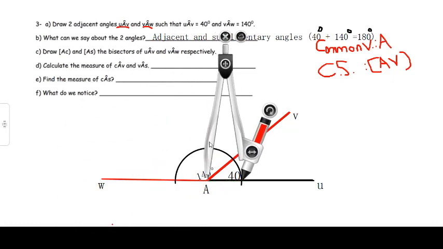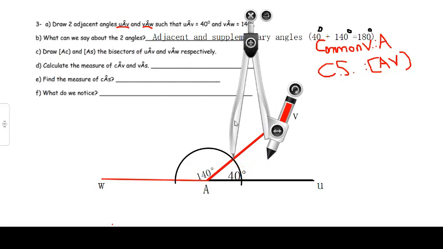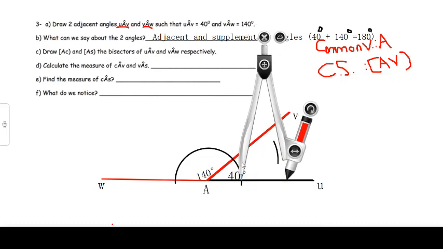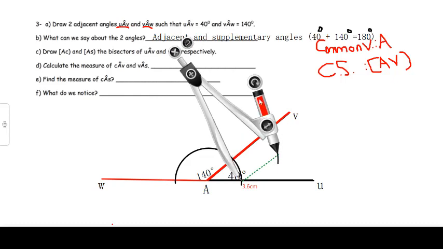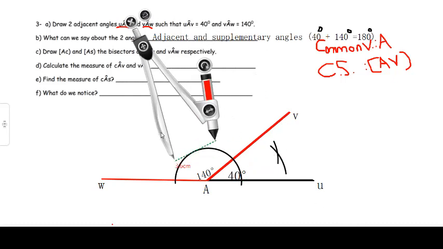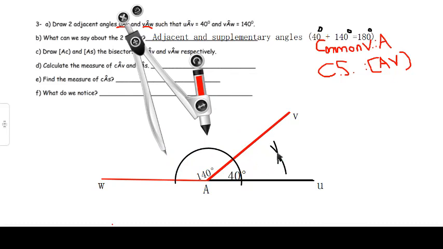Put the compass on the first point and make an arc. This is the first arc. And put it on the second point to make the second arc. Okay? Then this is the point of intersection. I'm going to make the first bisector, which is AC.